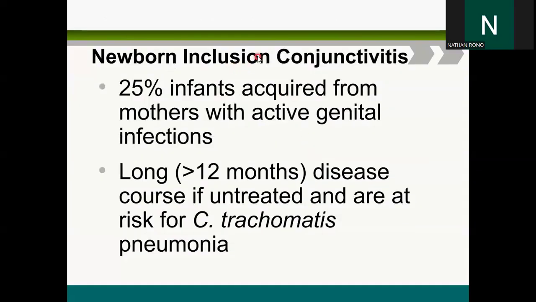Newborn. For a newborn, you're going to see a child who has some pus or purulent discharge on the eyes. If you ask the two bacteria, it is Chlamydia trachomatis, serotype D to K, and gonorrhea, Neisseria gonorrhoeae. 25% of infants acquire it from mothers with active genital infection, with a long disease course if untreated, and a risk of Chlamydia trachomatis pneumonia.